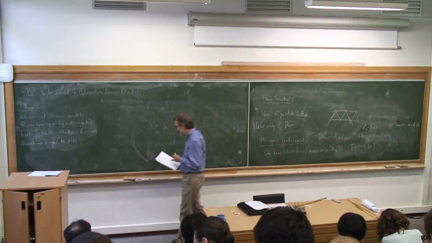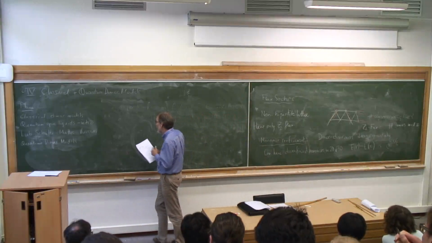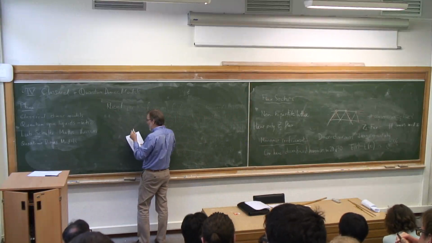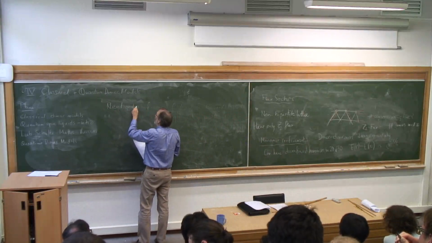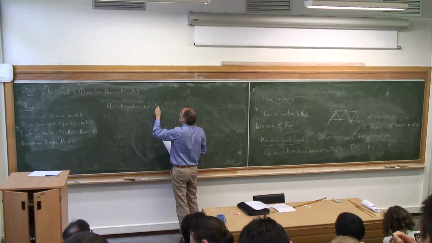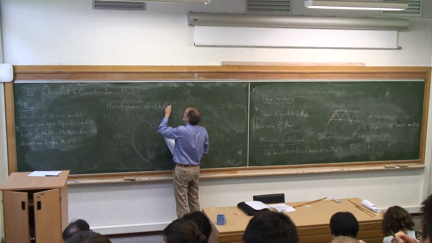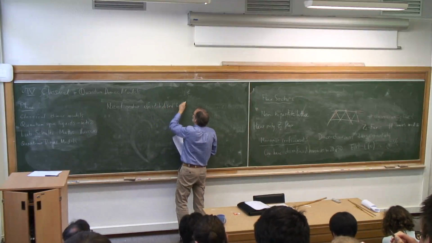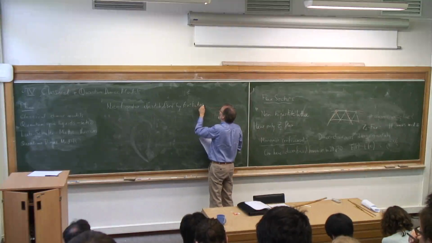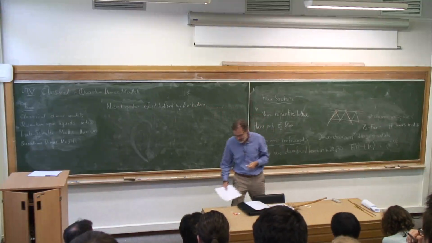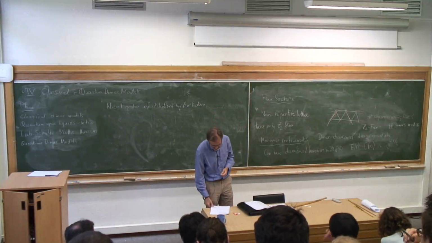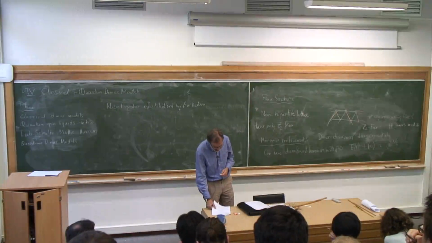I'm talking about frustrated magnets and spin liquids, and we could think about how Néel order is destabilized by frustration. So, of course, I gave you one take on this in the first lecture when I talked about how frustration could lead to macroscopic ground state degeneracy.